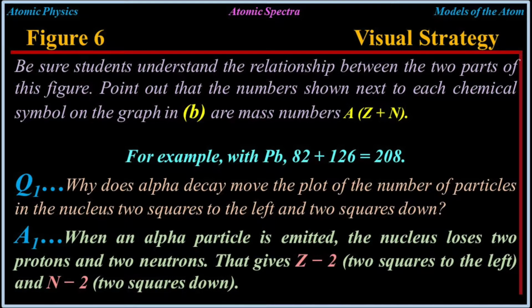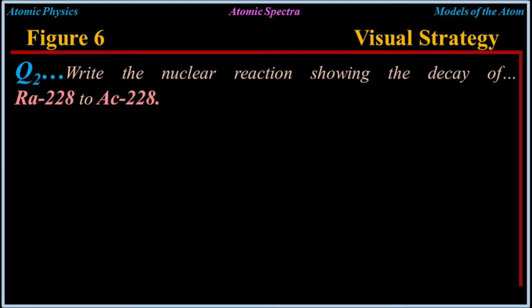When an alpha particle is emitted, the nucleus loses 2 protons and 2 neutrons. That gives Z minus 2, 2 squares to the left, and N minus 2, 2 squares down. It's kind of like playing Battleship. Write the nuclear reaction showing the decay of Ra-228 and Ac-228.